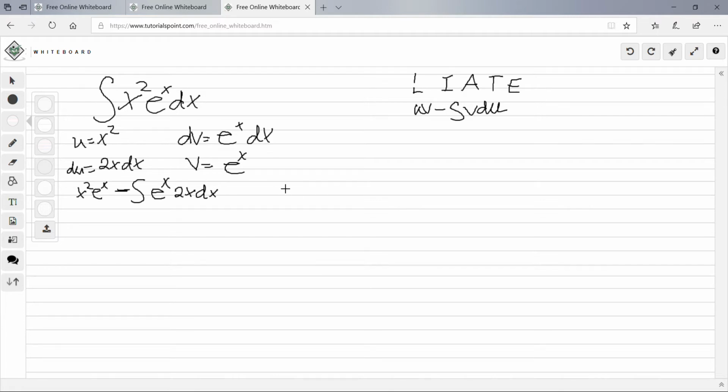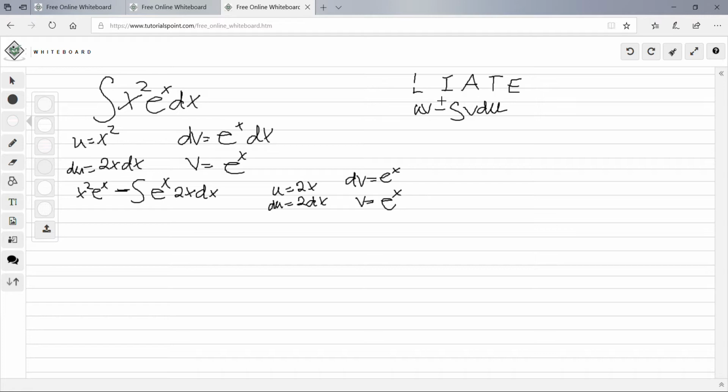What was our u? Our u is going to be 2x because 2x is algebraic, right? Algebraic right here. And then if you take the derivative of that, that's just 2 dx. And let's see our dv. Our dv is exponential because it's the last one. So dv is e to the x, and then if you take the integral of e to the x, it's still e to the x.